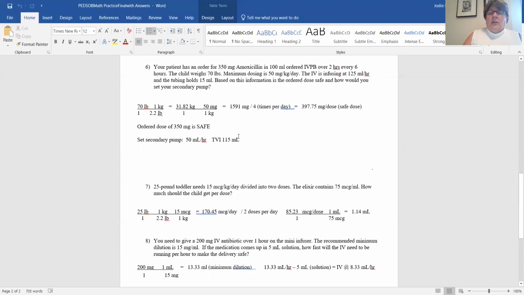So your total volume will be 115 milliliters. So the first hour, 50 will run in. The second hour, 50 will run in. And just a little bit into the third hour, that extra 15 will continue running in at the 50 mil per hour rate. And then it will revert back to the primary.